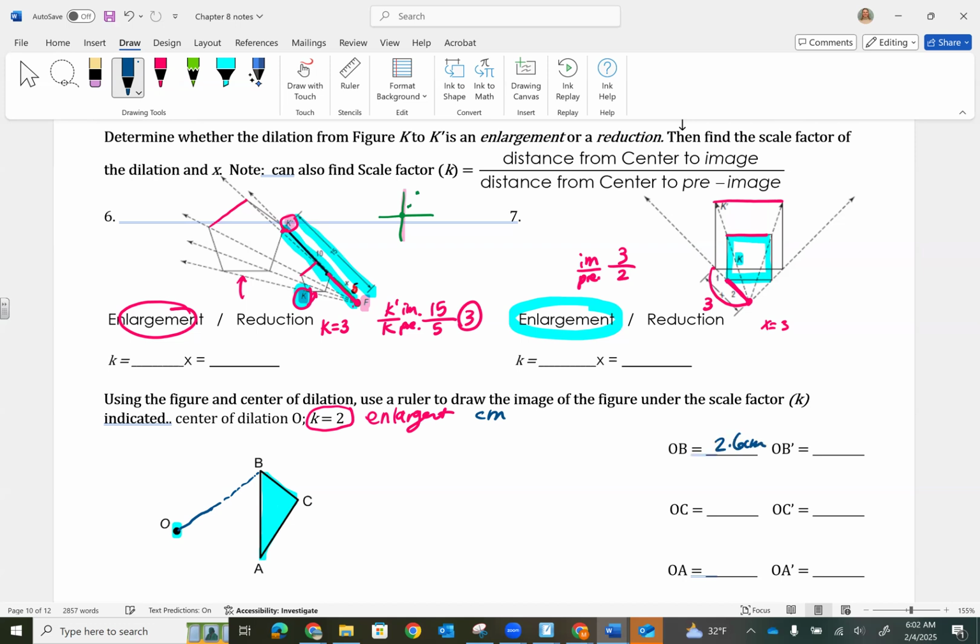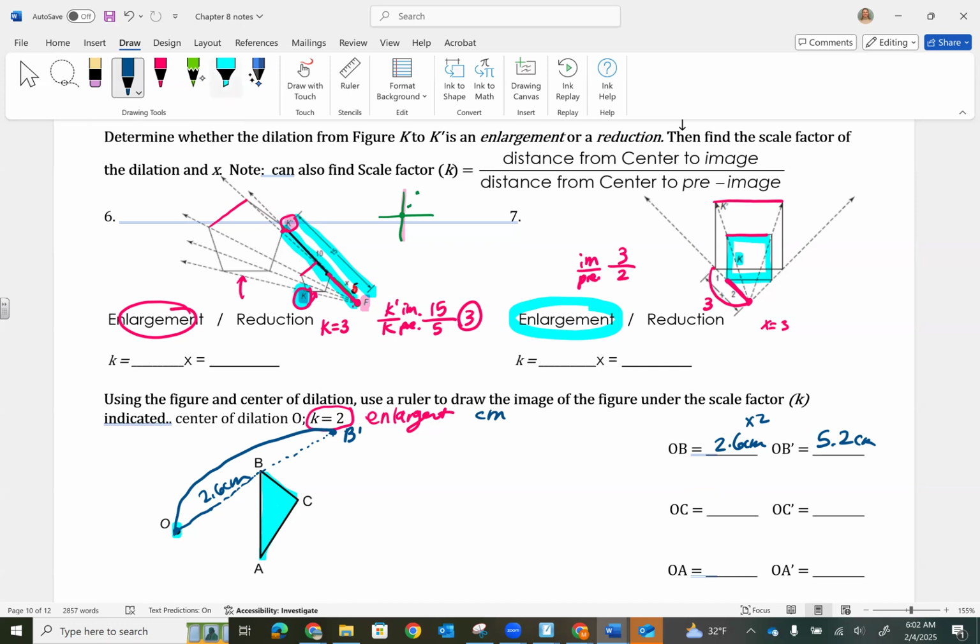And if we want to double this, we need to make, in line with this, keep on trucking, double the distance from O. So we're going to make this distance times 2, which is going to be 5.2 centimeters. And so we're going to draw B prime. And if you double the distance, you're going to double the size of your figure.